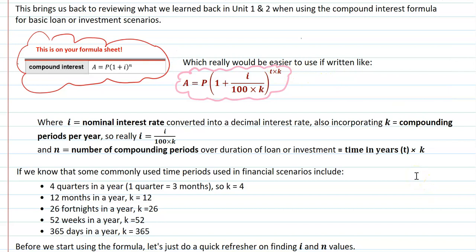So to start with, because it's really important that we convert our I and our N values to use it correctly in the formula, I'm just going to do a quick refresher on using those K values. Commonly used time periods that we've looked at before: quarters, months, fortnights, years, and very rarely days. So the next part's going to be looking at the quick refresher on finding I and N values.